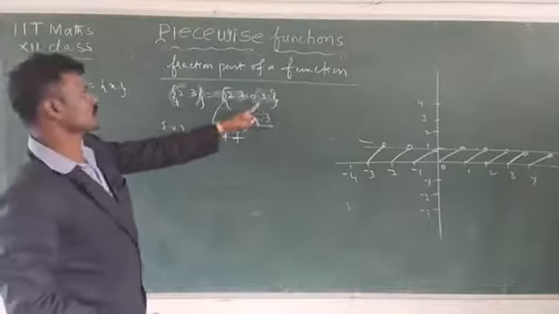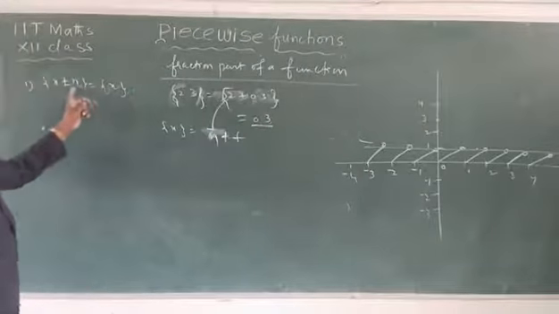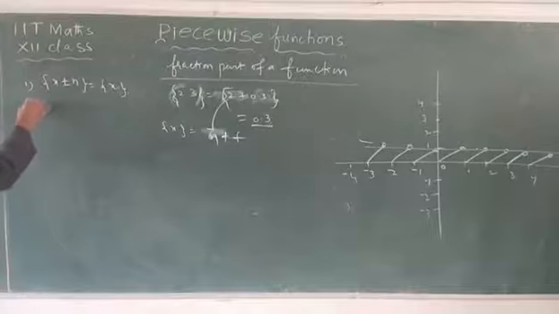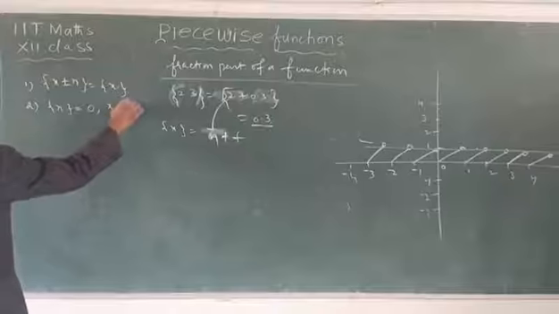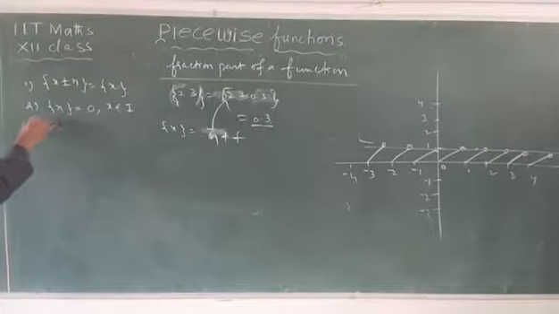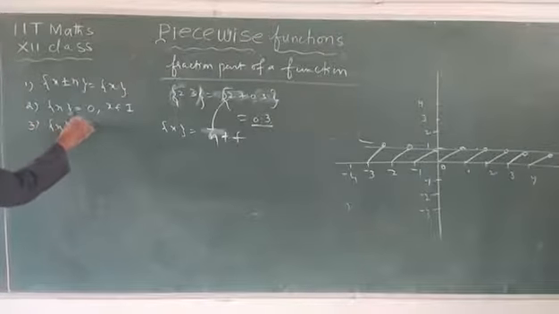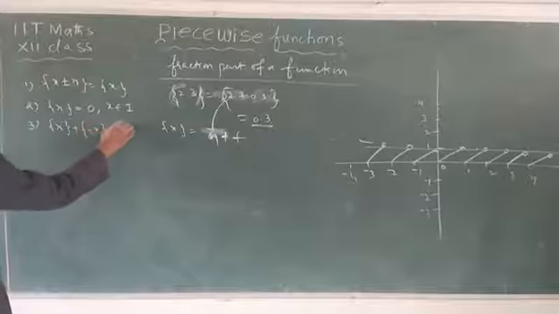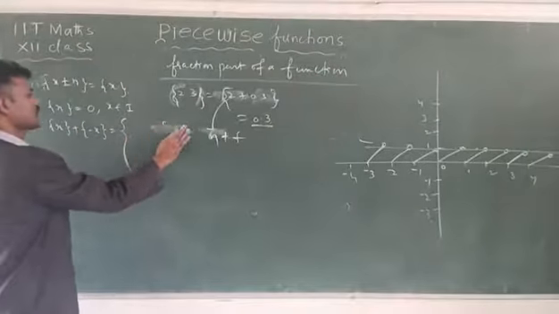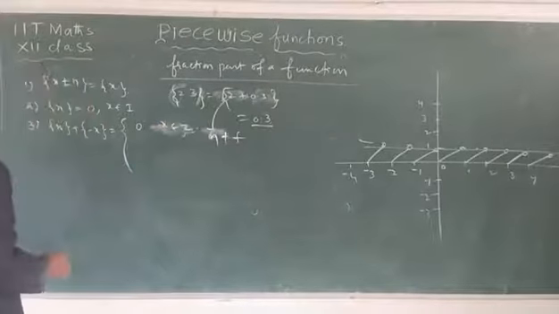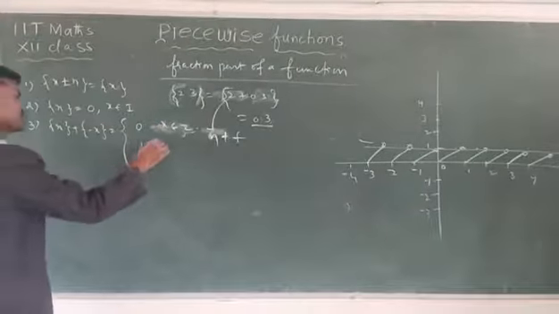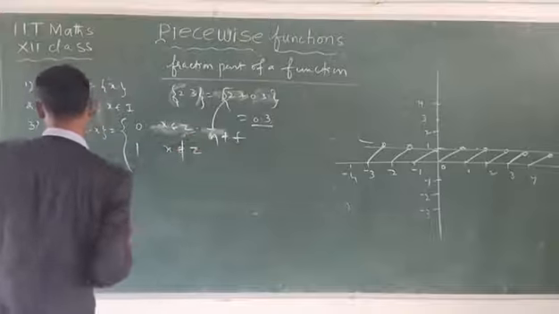Second: the fractional part of 0 is 0, where x belongs to Z. Third: the fractional part of x plus the fractional part of minus x is 0 when x belongs to Z, and equal to 1 when x does not belong to Z.